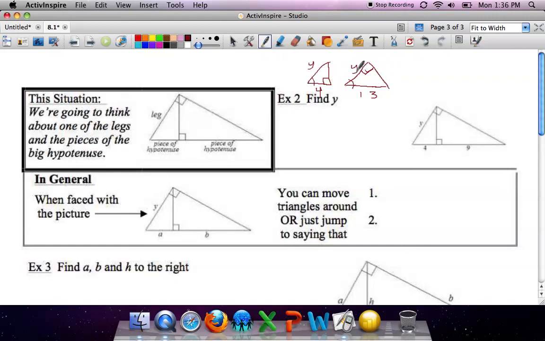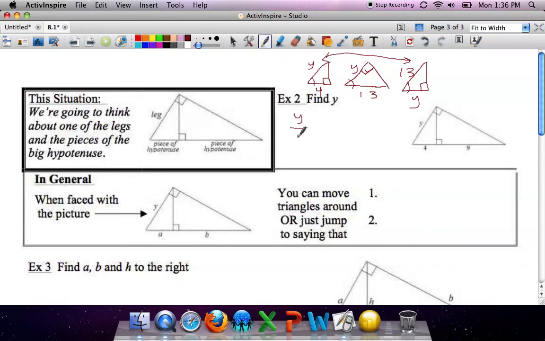This is why I'd have to spin this upside down to look more like this. Put the right angle down here. So the distance from here to here is y, and the distance from here to here is 13. So these two are similar right here, and they're lined up correctly.